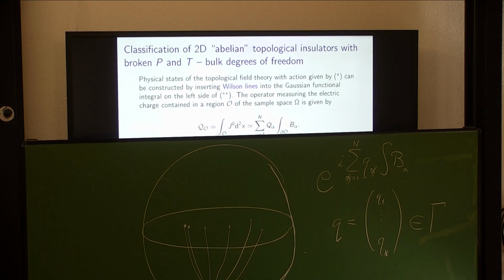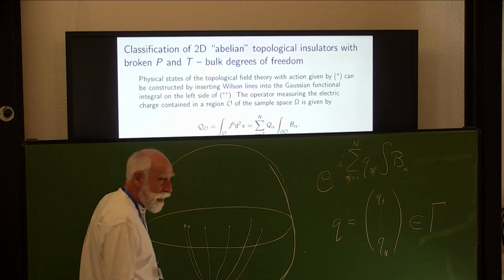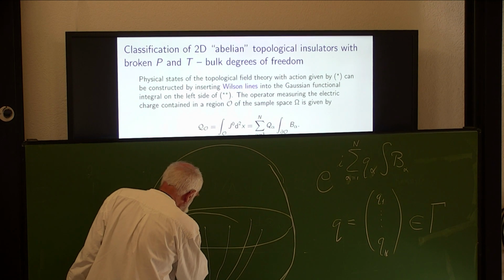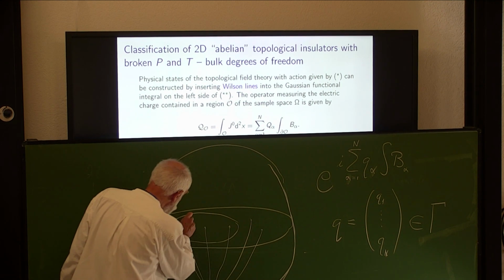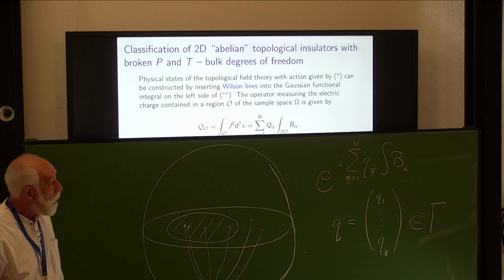Okay. Now we can try to calculate the electric charge of excitations. Let's suppose I want to calculate the electric charge inside this shaded region here. How can I do it?